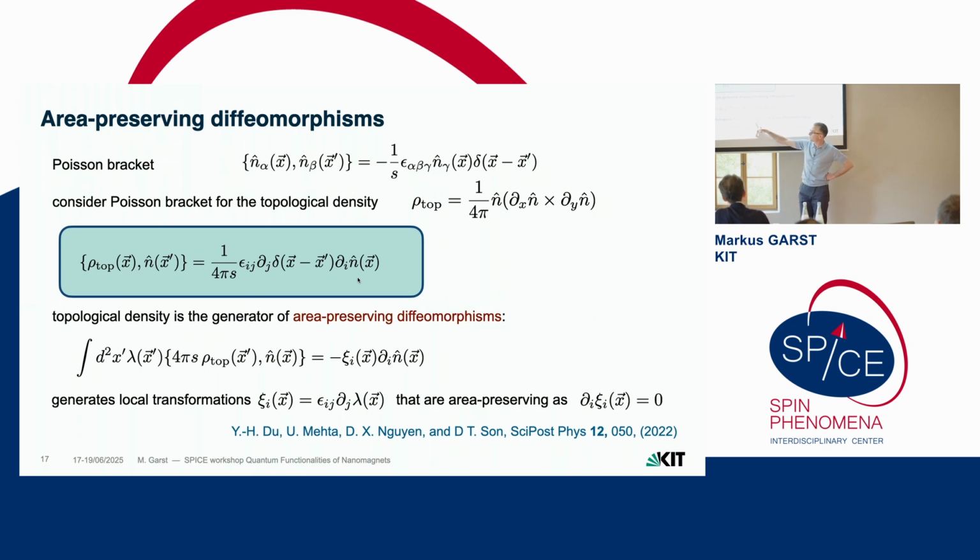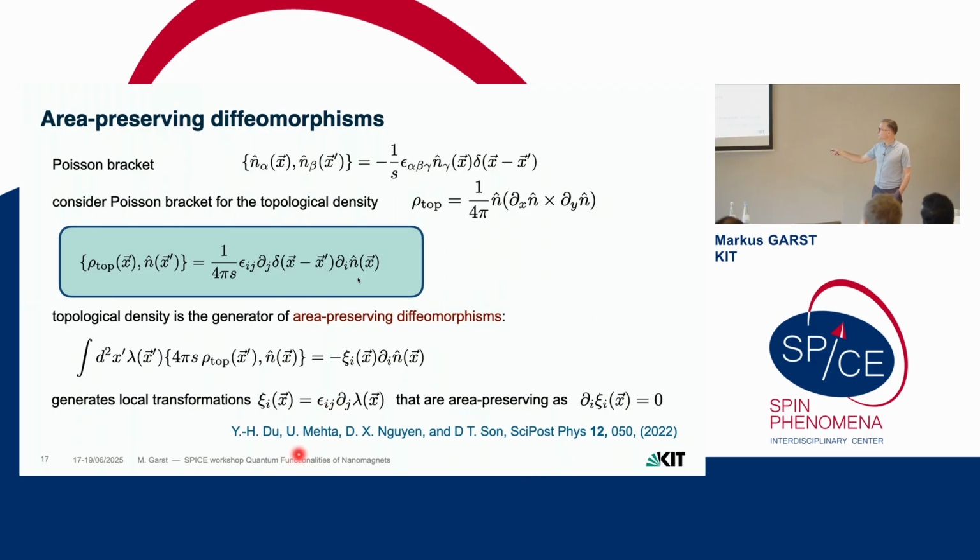It's given by an antisymmetric derivative of this scalar function, right? So this is a local transformation, and it has the structure that it's area preserving in the sense that the divergence actually vanishes, because of this epsilon, this antisymmetric structure.